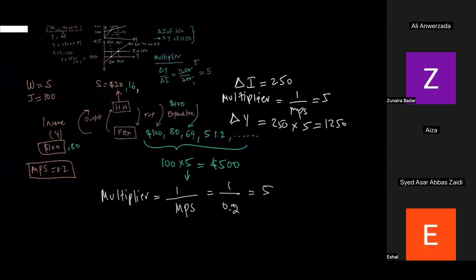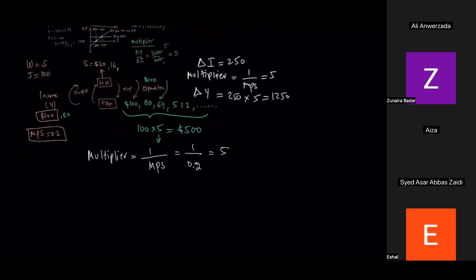The formula I'm using here is that change in Y is equal to change in I, or change in AE, which here was 250, times multiplier.